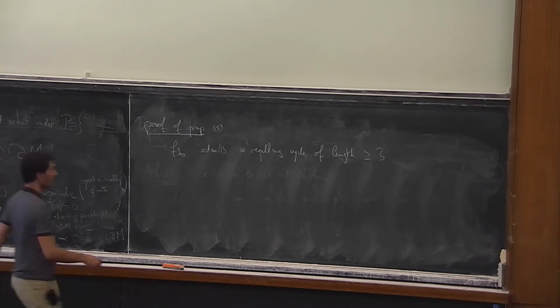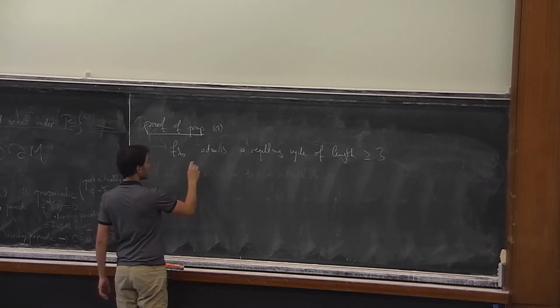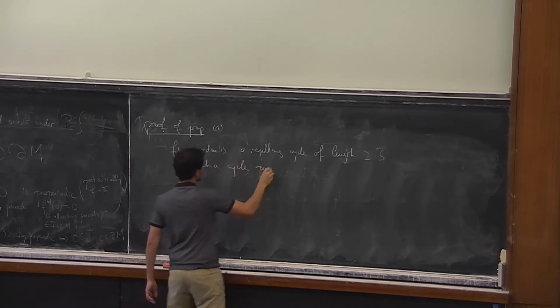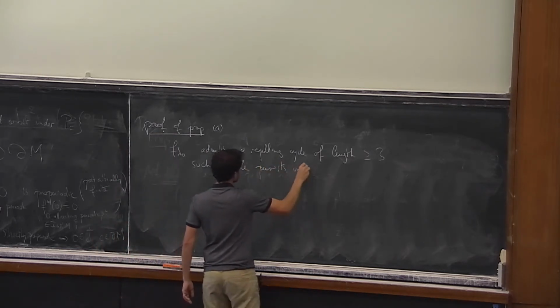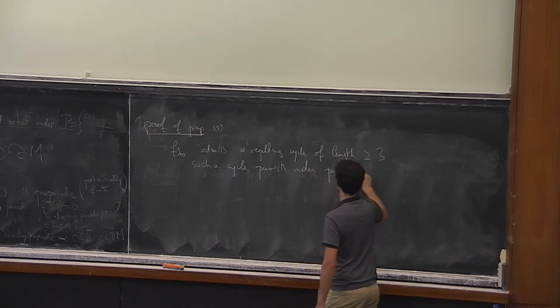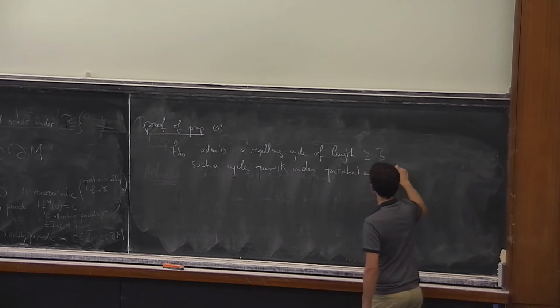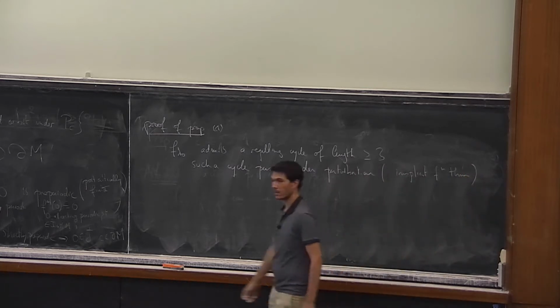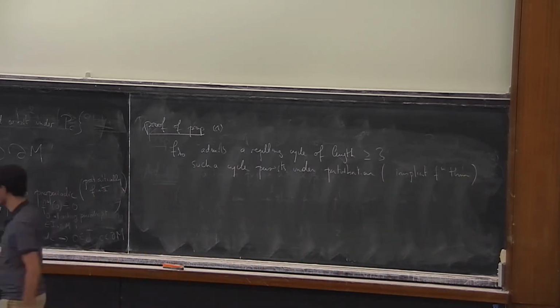So you fix one of them. And such a cycle persists under perturbation. So this is just the implicit function theorem, because the derivative is not equal to 1.